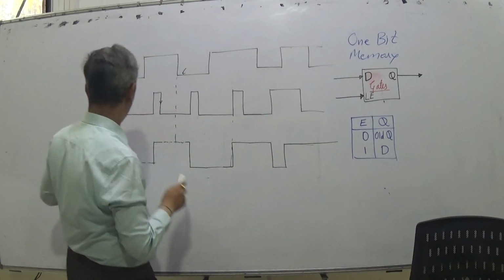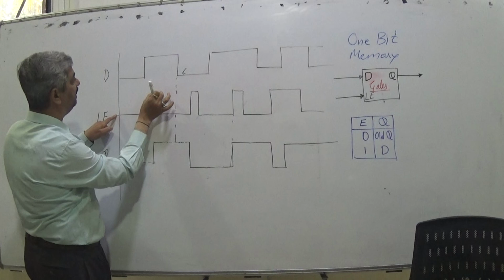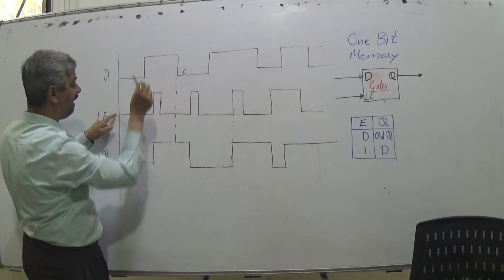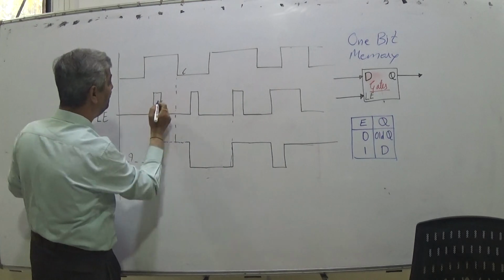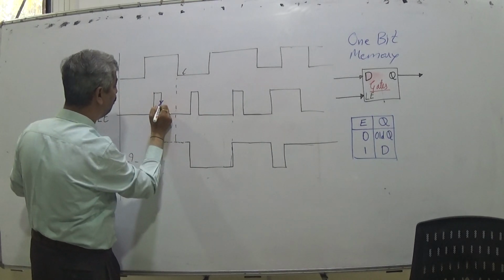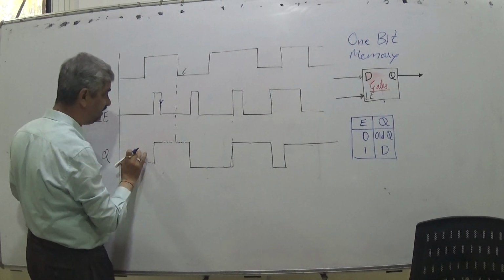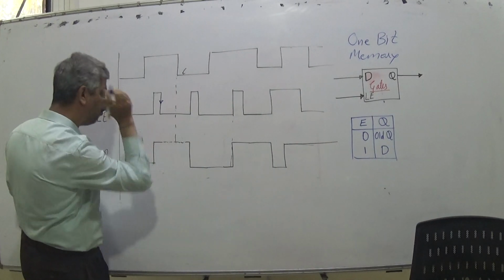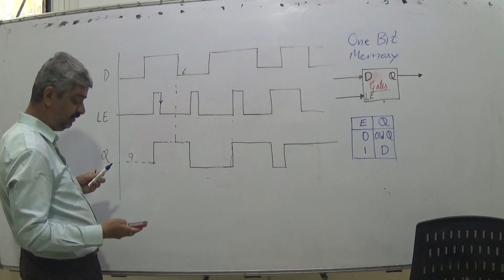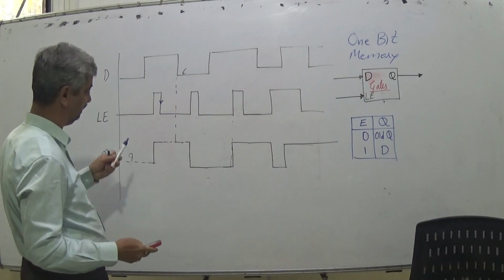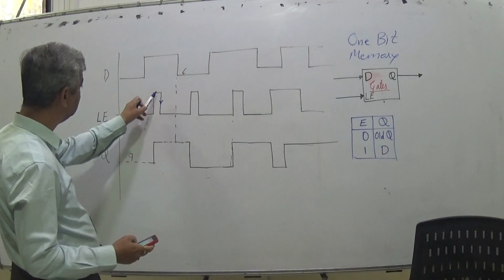So whenever latch enable is 1, that time whatever is available on the input appears on the output, and when latch enable becomes 0, the flip-flop or the single bit memory location continues to store the previous state, and the previous state stored is this one.